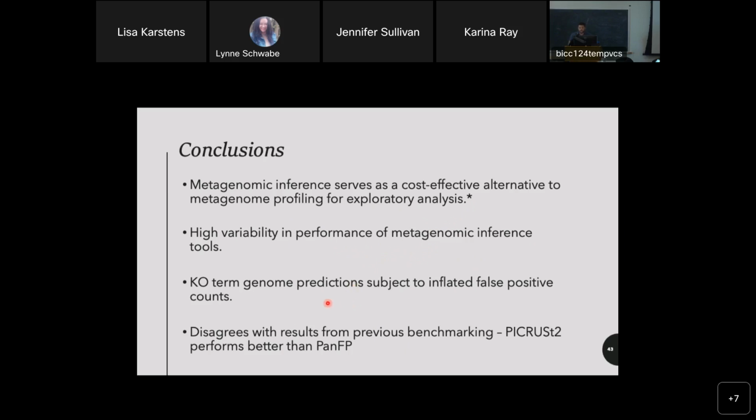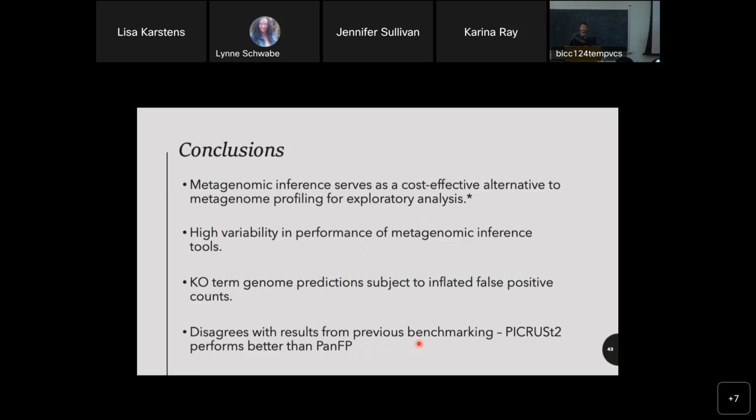We also see that KO term genome predictions were subject to inflated false positive counts. And we also observed disagreement with previous benchmarking, specifically benchmarking done by the PyCrust 2 developers, in which they reported that PyCrust 2 performs better than PanFP.